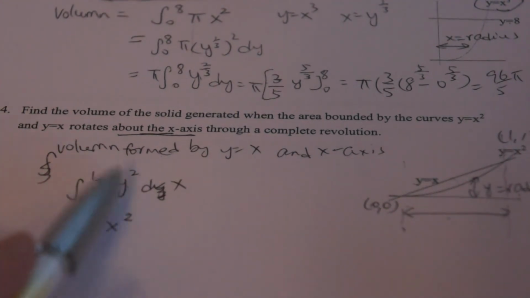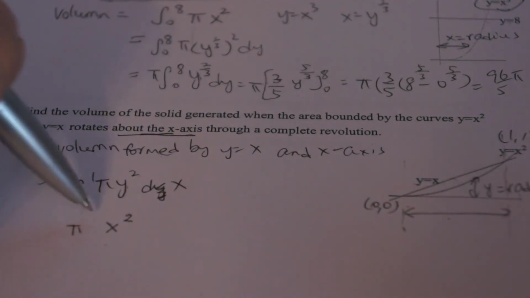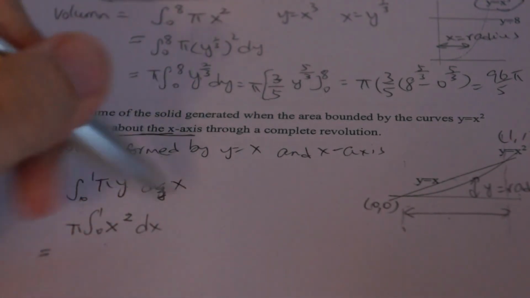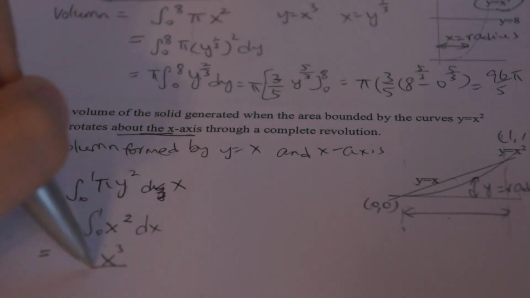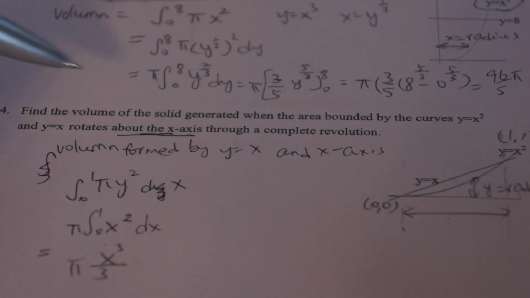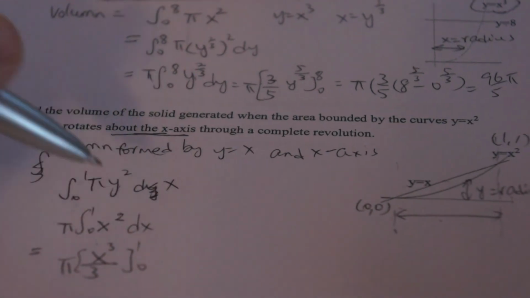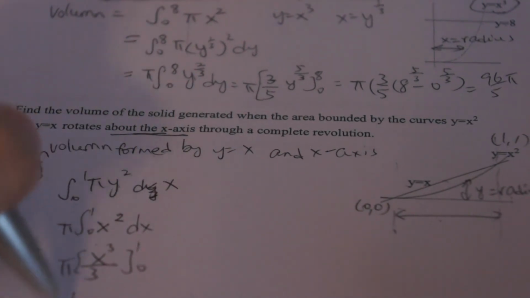So pi y squared means pi x squared. And then you have the integration from 0 to 1. So that's why you will have 1 over 3.